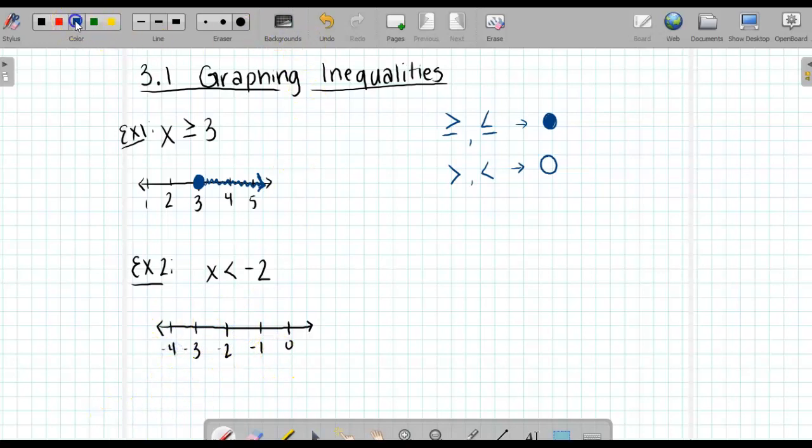So when you graph this, you're going to have an open circle here on negative 2 because negative 2 is not less than negative 2. Negative 2 is not included here. But all of the numbers less than negative 2 are included, so I would shade my answers to the left.